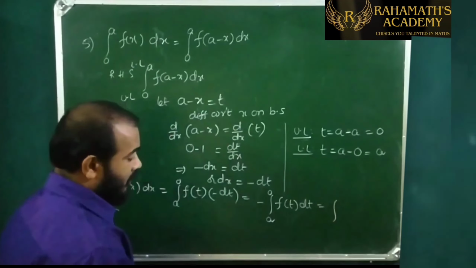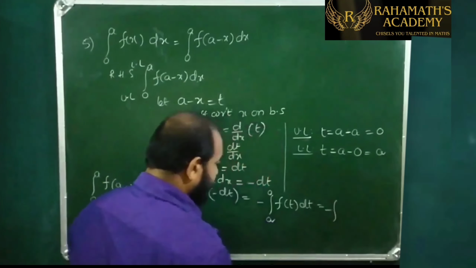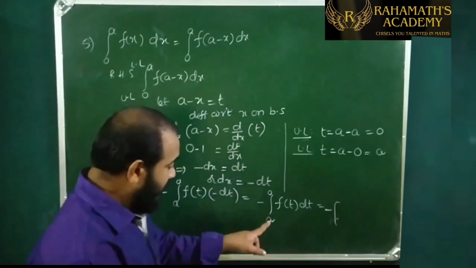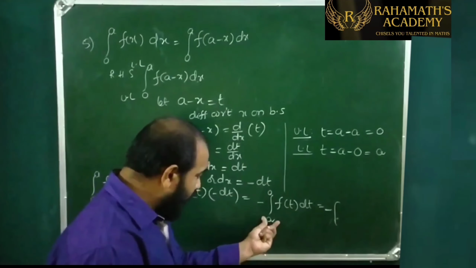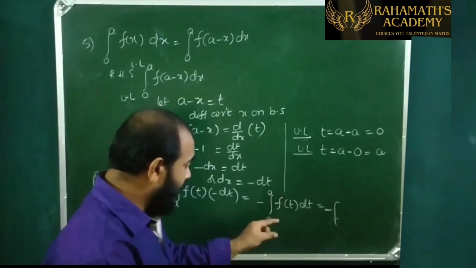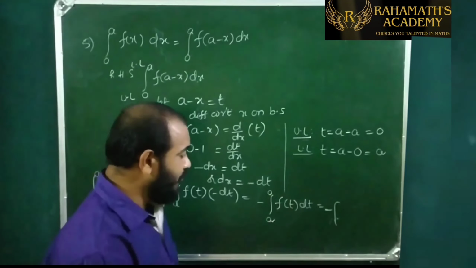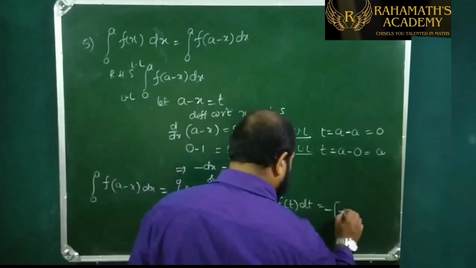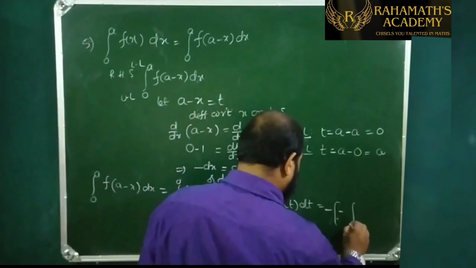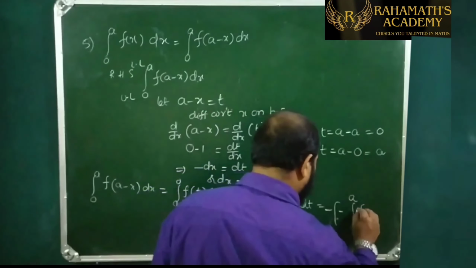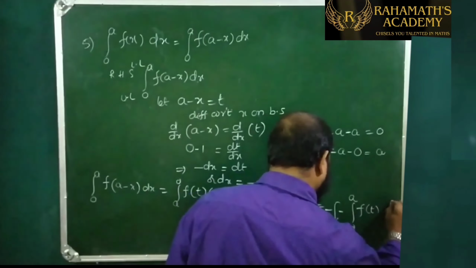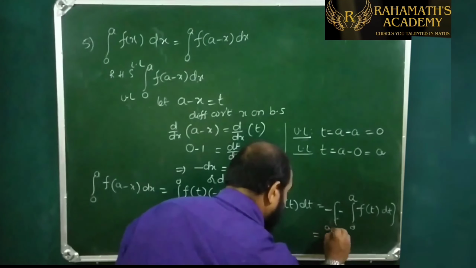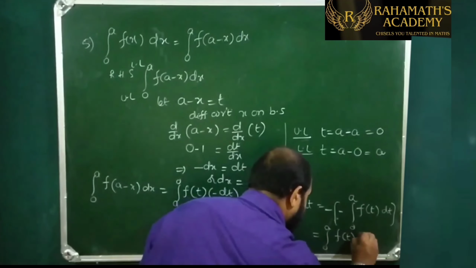Here a is the lower limit while 0 is the upper limit. If we interchange them, then we get a minus for this. So minus integral 0 to a f of t dt. Minus of minus is plus, so integral 0 to a f of t dt.